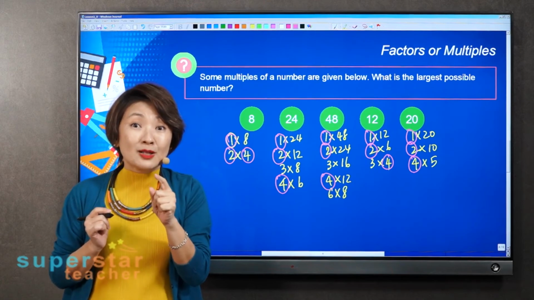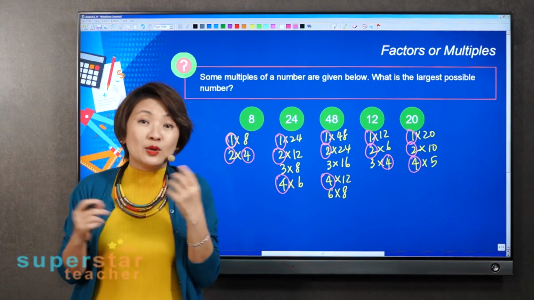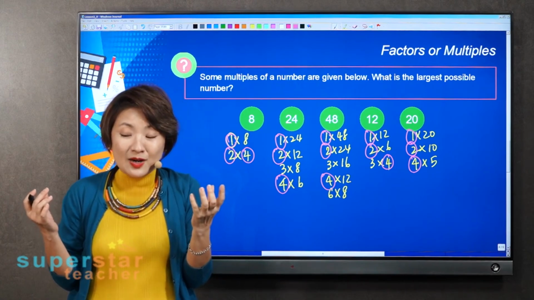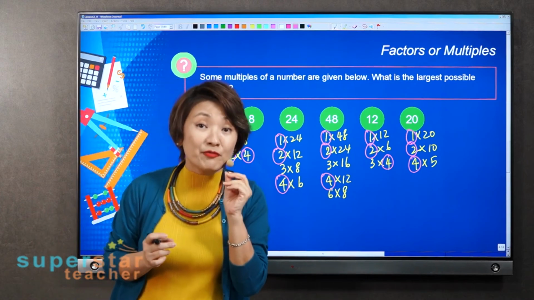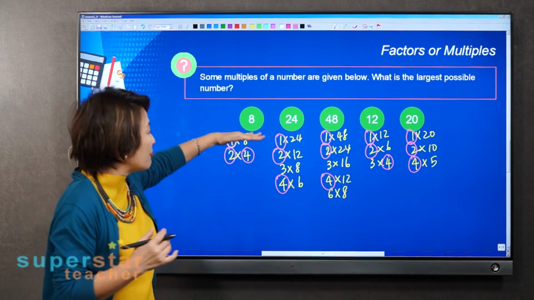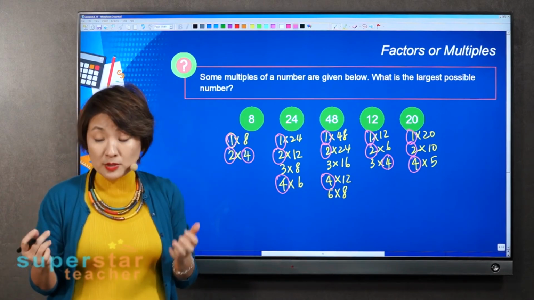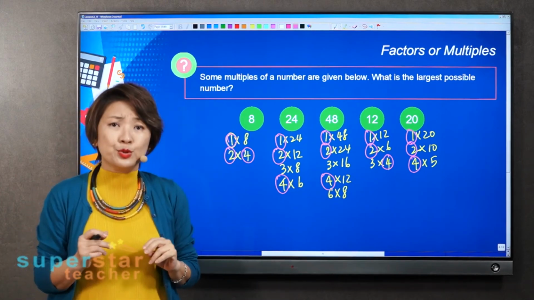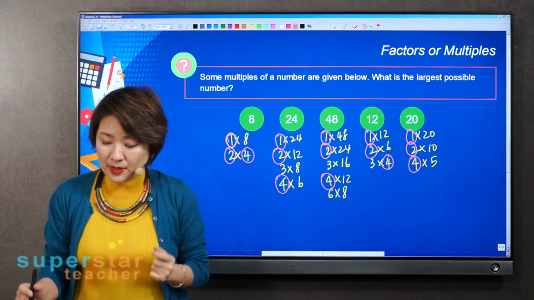Remember, the largest common multiple goes to infinity and beyond. Until you become a grandfather or grandmother, you will still not be able to get the answer. So for largest possible, usually they're asking you for the factor. Therefore, I use the factor way and find the highest common factor. That's one of the things that I do. Of course, after that, I have to ask myself whether it is logical or not.